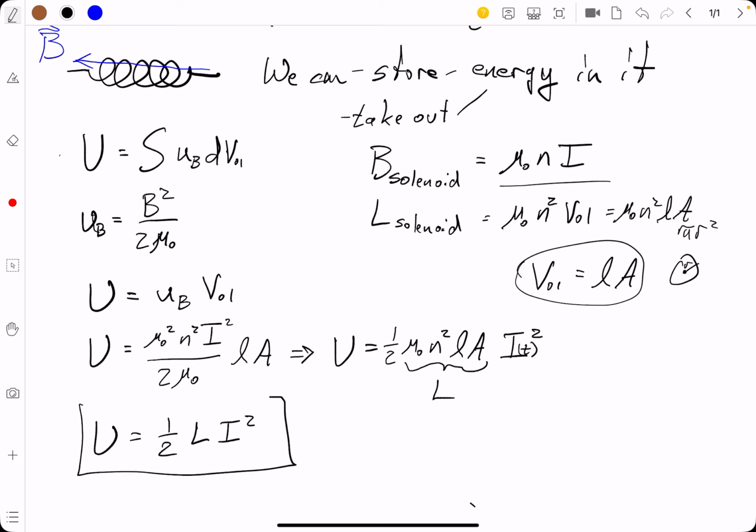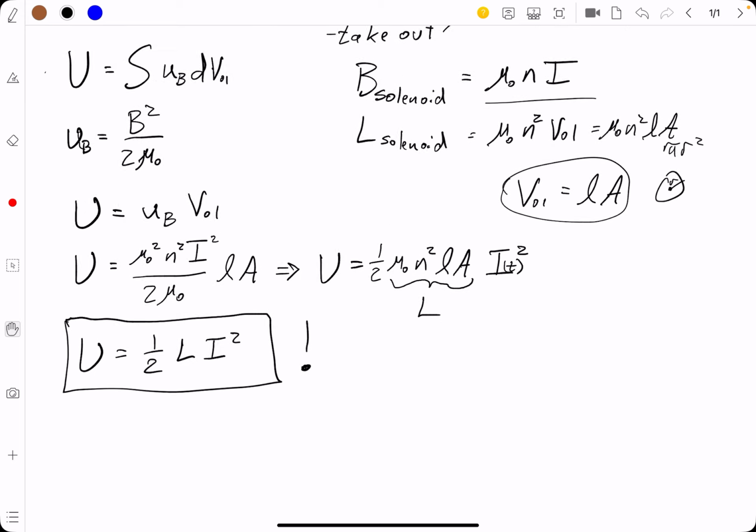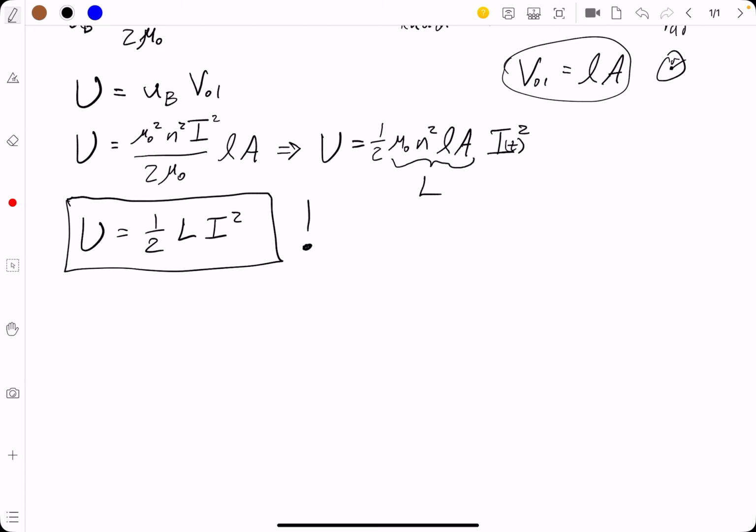And that is a nice result. That is what everybody likes to see. That's what makes physics fun. It's like fine wine or whiskey or something. It's an acquired taste. So we've got U equals 1/2 L I squared.